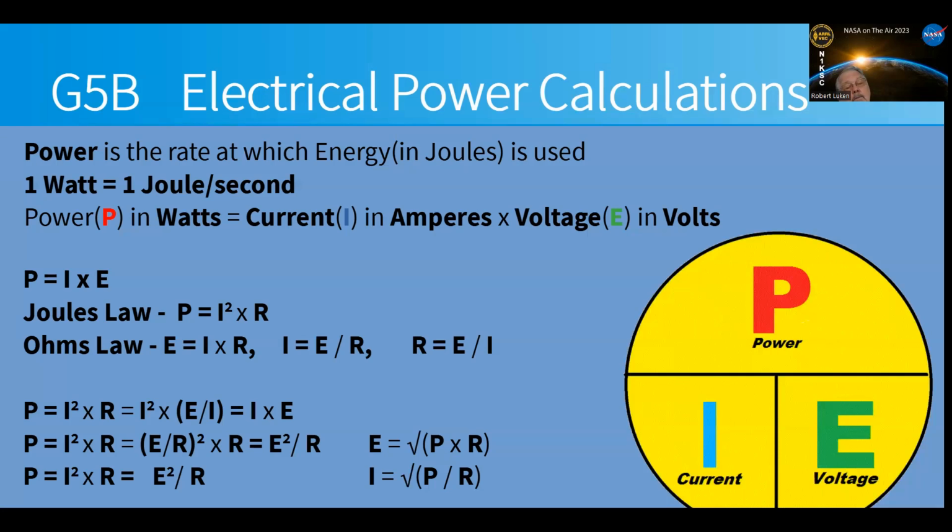So he got power named after him, and we use the W, the watts, to represent the units of power, which is equal to 1 joule per second, a measure of energy per second. So the power in watts is going to be equal to the current in amps times the voltage in volts, just like on the circle. P is equal to I times E.